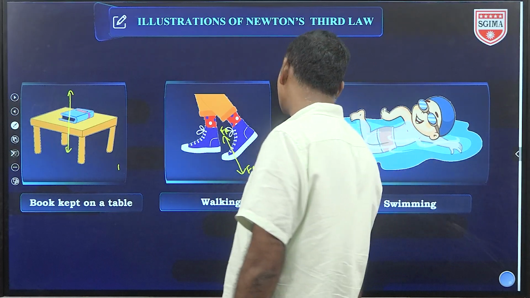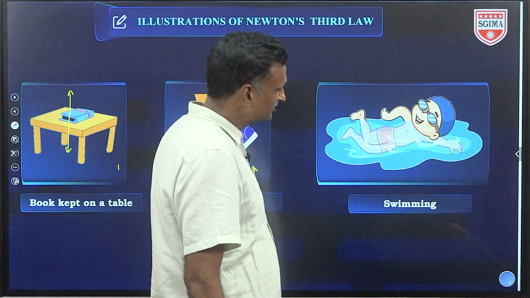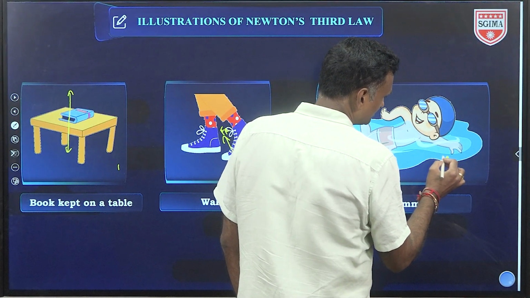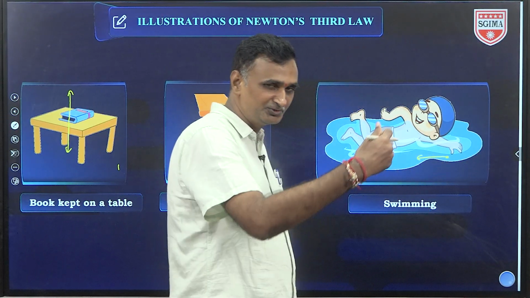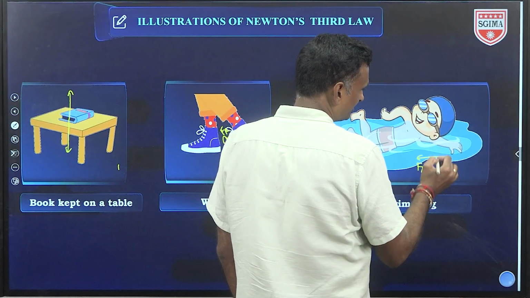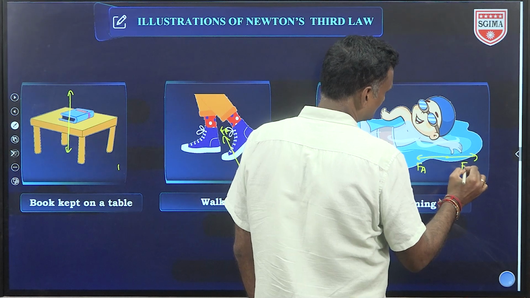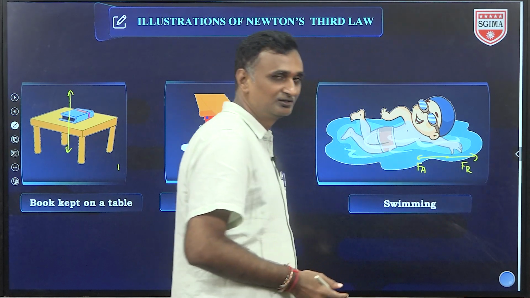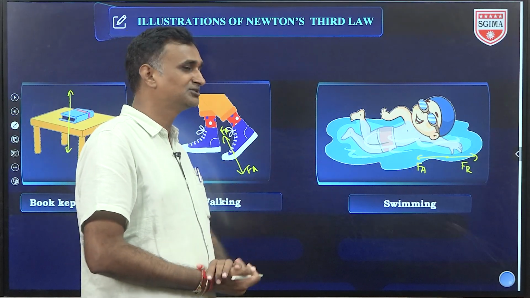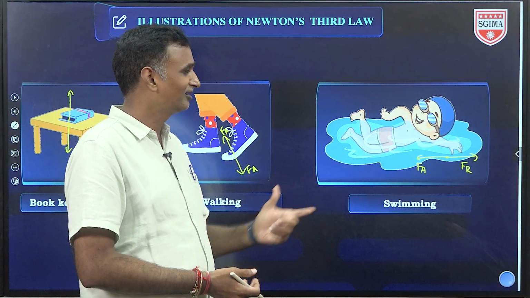Next, the third example, swimming. Swimming is also an example of Newton's third law. Here the action is that we push the water backward. And the reaction is that the water pushes us in the forward direction. So action and reaction are in opposite directions and act along the same line.